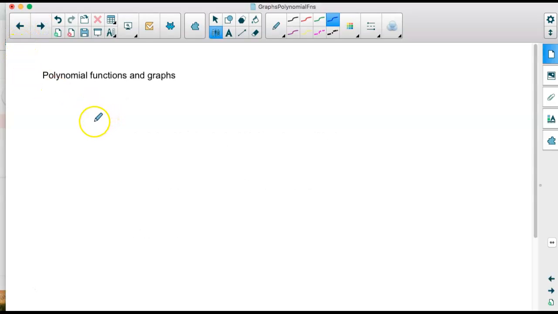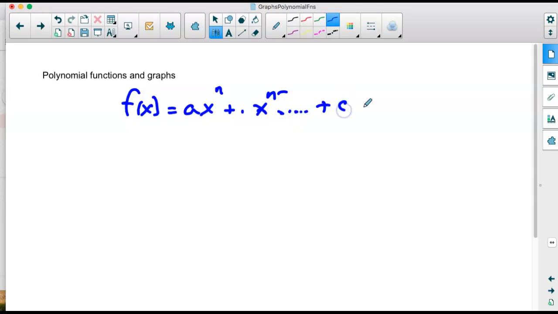Basically, we have a polynomial function where it has a constant a times x to some power n, and then you've got some lower powers, x to the n minus 1, and so on, down to a constant value.